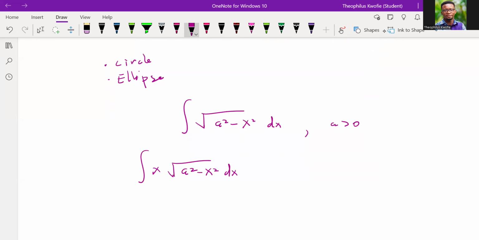the substitution u equal to a squared minus x squared would be more effective. If it were this, then this substitution would be effective in handling the problem.